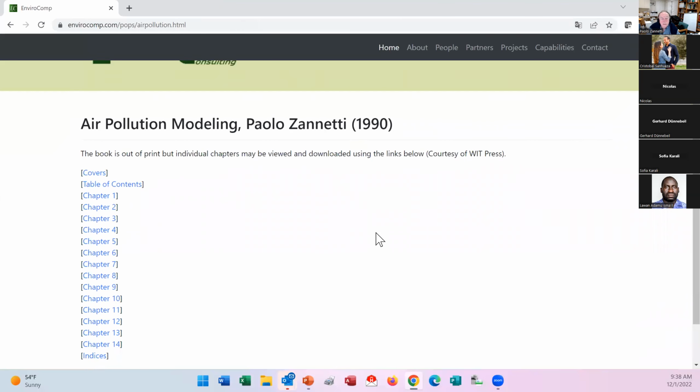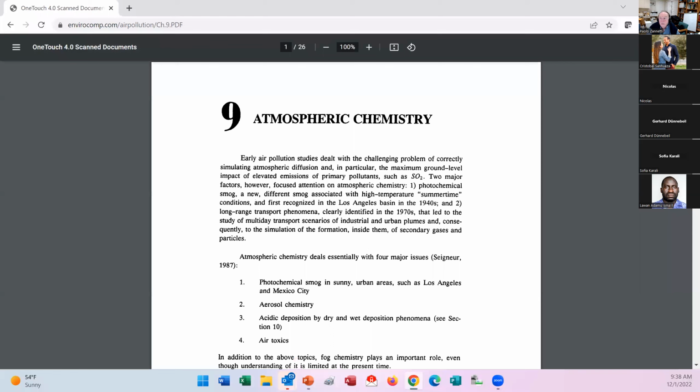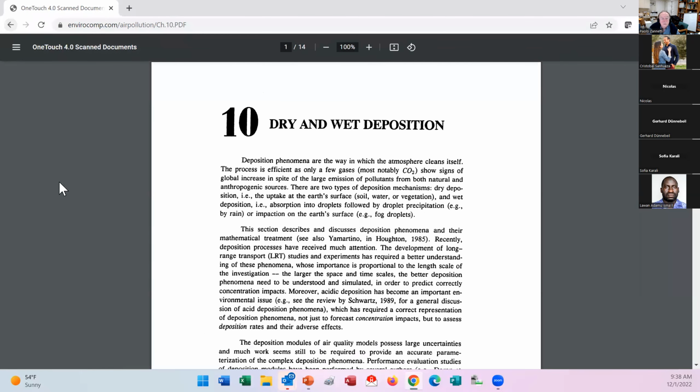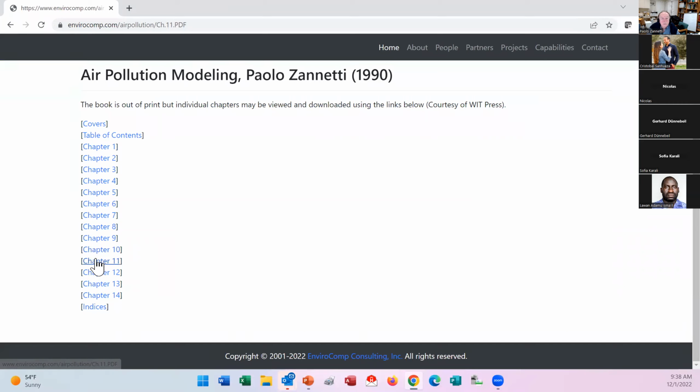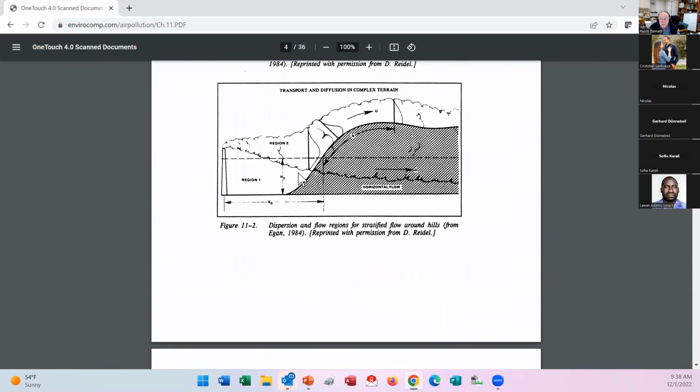In my 1990 book online, there is something, I believe. Unfortunately, these are images.